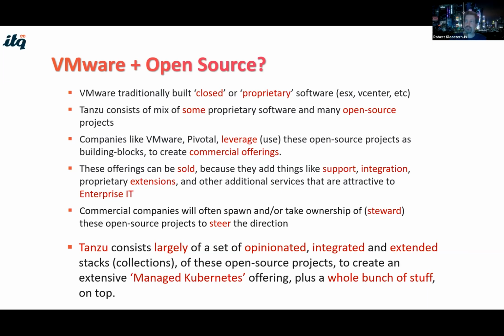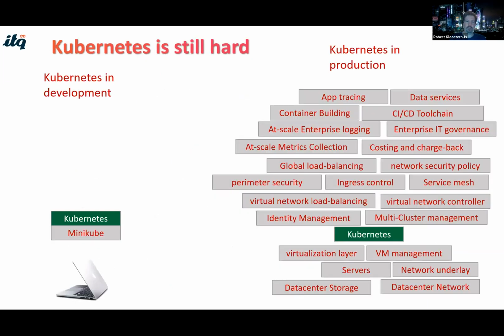Now, why do we need all these things besides Kubernetes itself? Well, the problem is this. Kubernetes is just one very small part of the puzzle when you actually look at the whole landscape. Getting Kubernetes running, like I said, used to be hard. It's not hard anymore. You can install Minikube or some other very easy to deploy Kubernetes distribution.